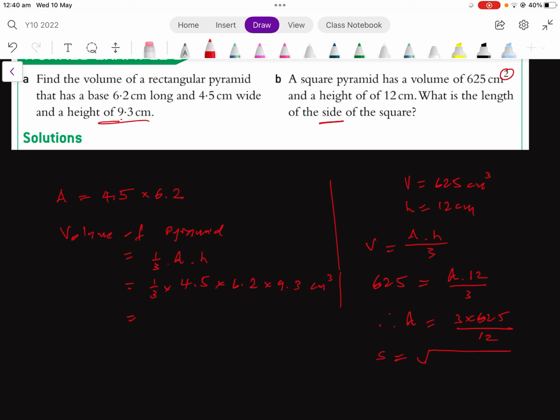That is 3 into 625 divided by 12. You can use the calculator to get the answer. That is actually 625 divided by 4, and you can find the side of the square of the square pyramid, and that should be in centimeters.